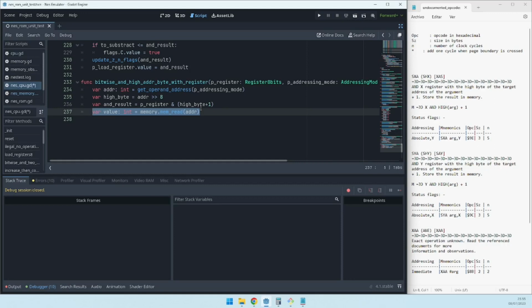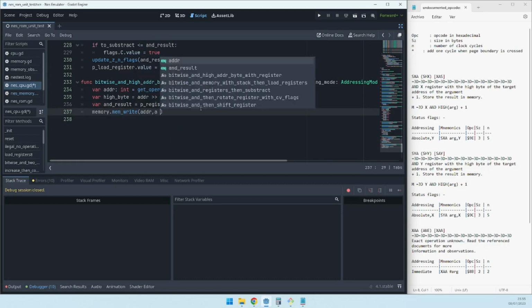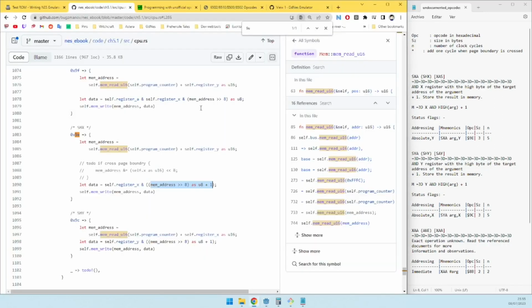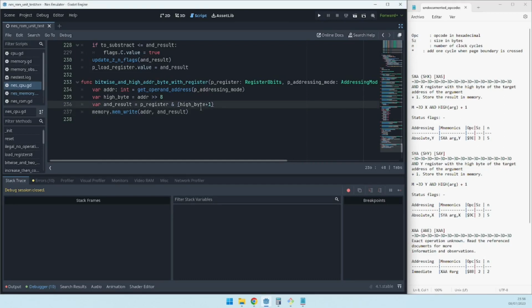So this is memory, memwrite, address, and result. It's okay. But what if this is FF?